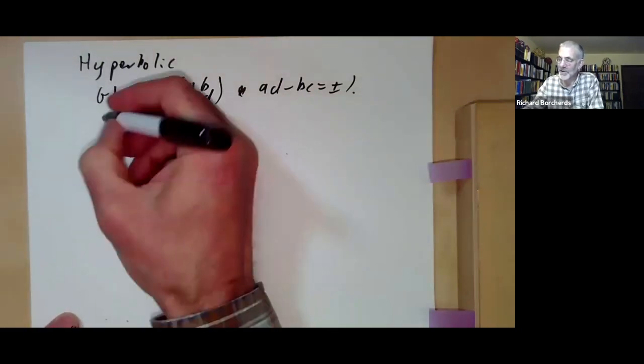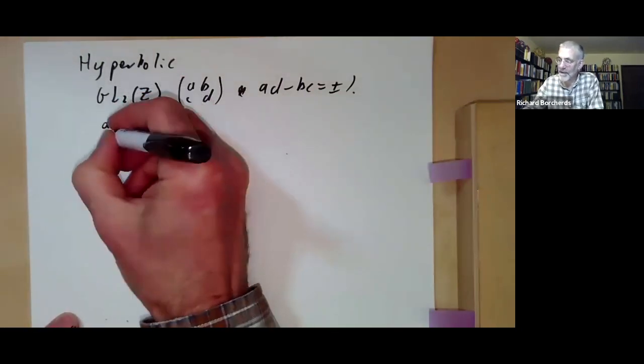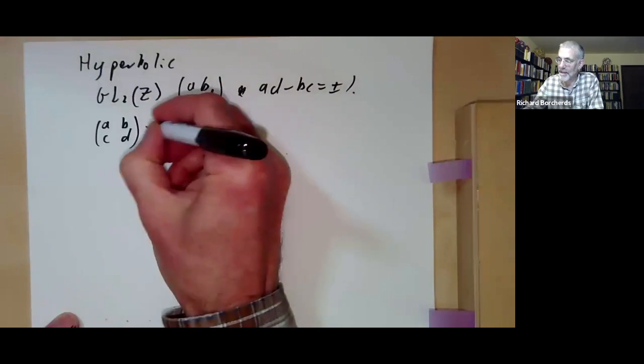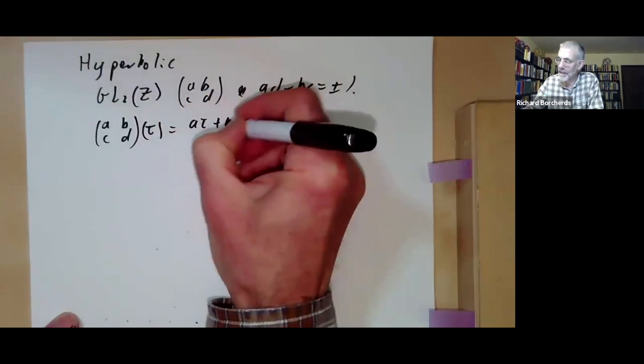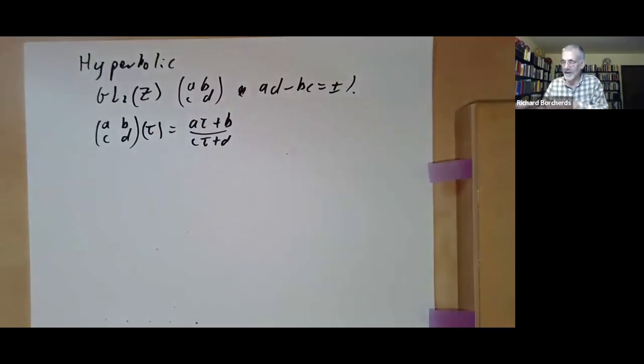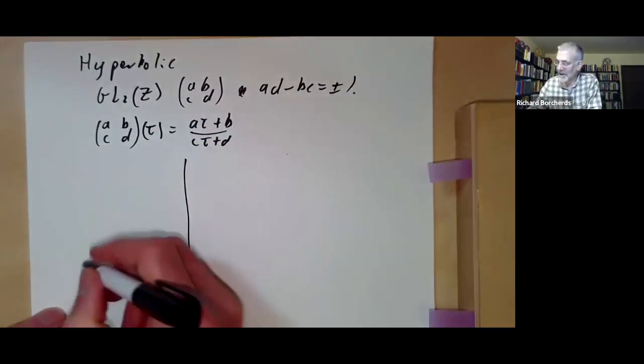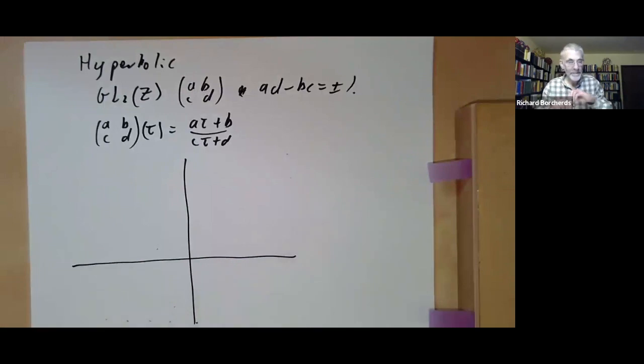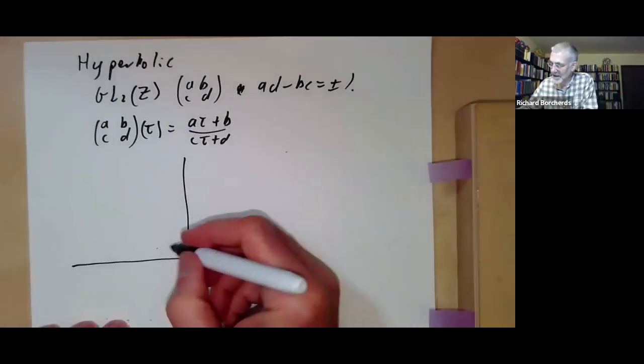And you know this acts on the upper half plane in the usual way. And if you work it out, you find the reflection hyperplanes look like this.